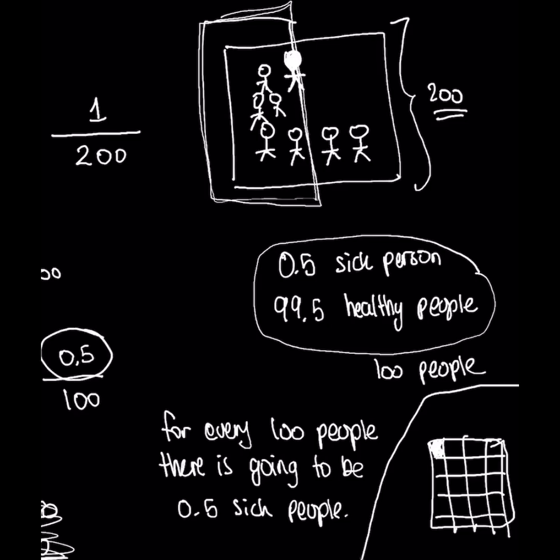So for every 100 people there's going to be 0.5 sick people in a group. So 0.5% of the population, didn't spell that right, is going to be sick.